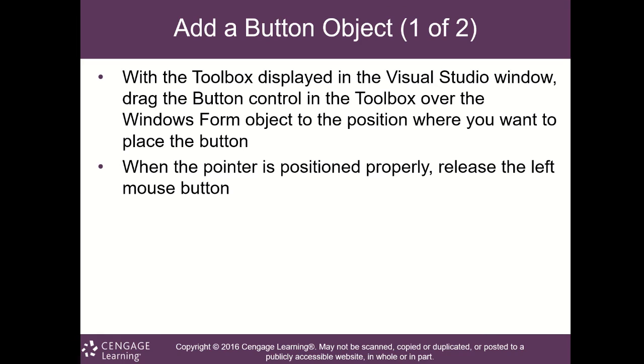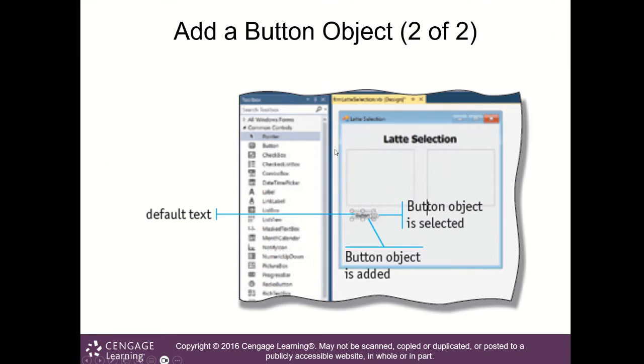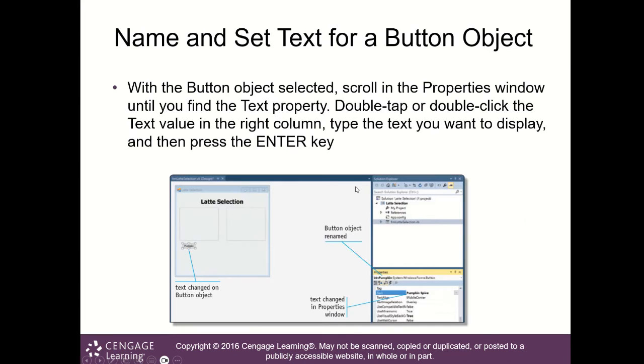You need to drag and drop it on the form. Then you have to place that properly, and then you can change the text of the button object by clicking it, and then go to the properties window and change the property. So that's the same for any button.